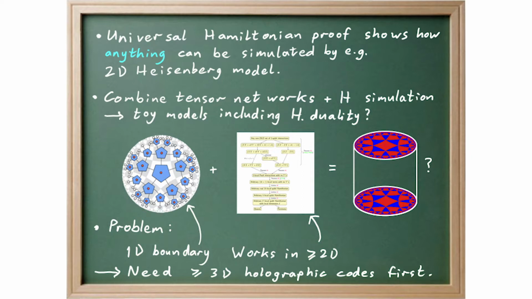So that raises the intriguing possibility: what if we take these holographic quantum error correcting code constructions, which we know are special cases of simulations, and put them together with all of this machinery we developed for Hamiltonian simulation and proving the existence of universal Hamiltonians and constructing them? Can we improve these toy models of AdS/CFT duality to extend them to dualities on local Hamiltonians, and then start asking about dynamics and energies?